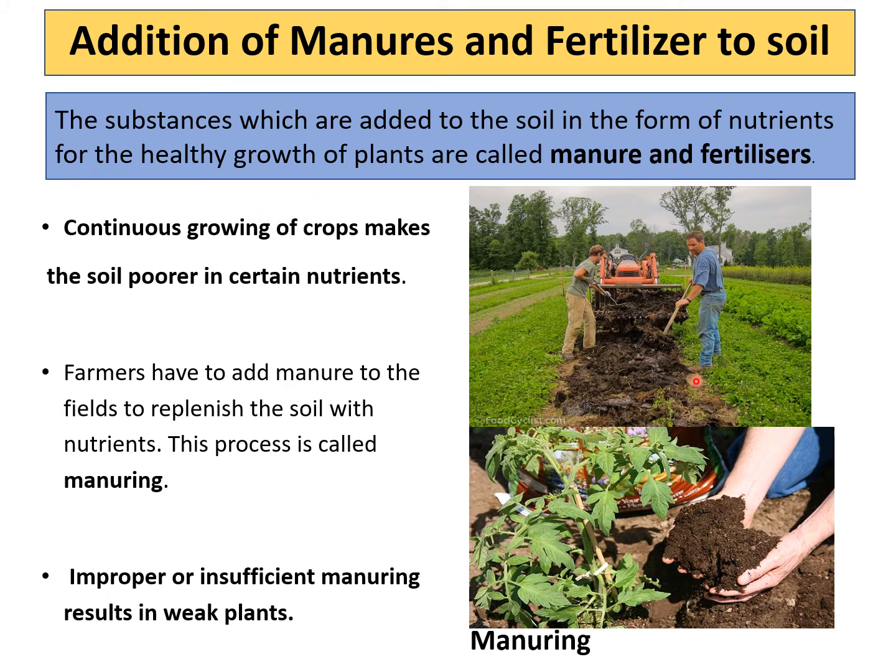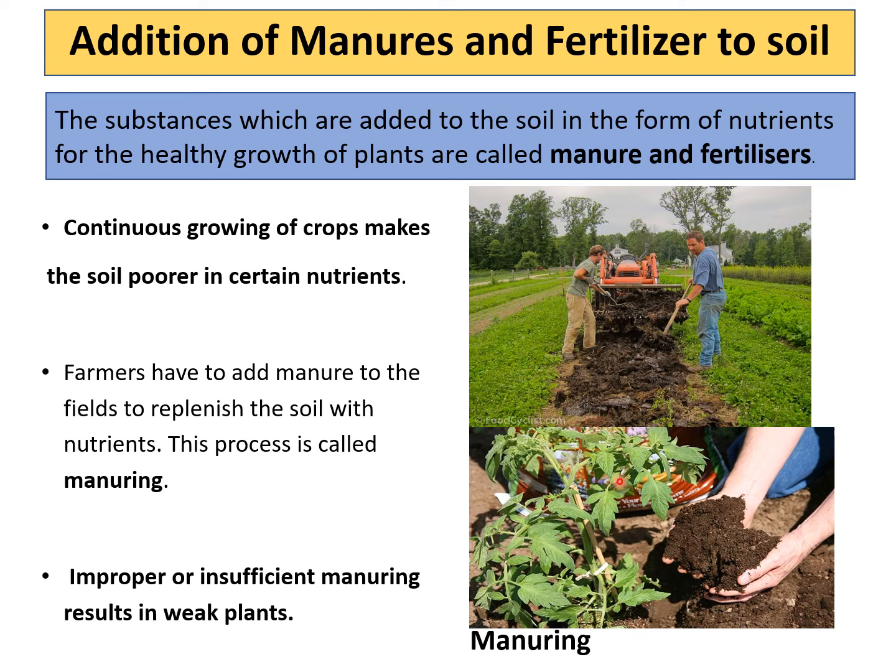After sowing, we want our crops to be healthy and give a high yield, so we have to put manures and fertilizers in the soil. As we know, continuous growing of crops makes the soil poorer in certain nutrients. So the farmers have to add manure to the fields to replenish the soil with nutrients. This process is known as manuring. So we replenish our soil with the nutrients.